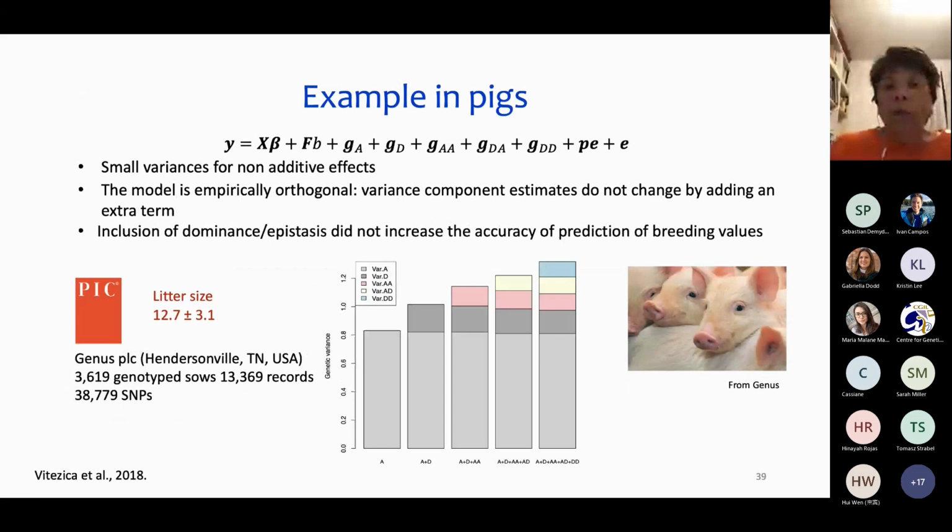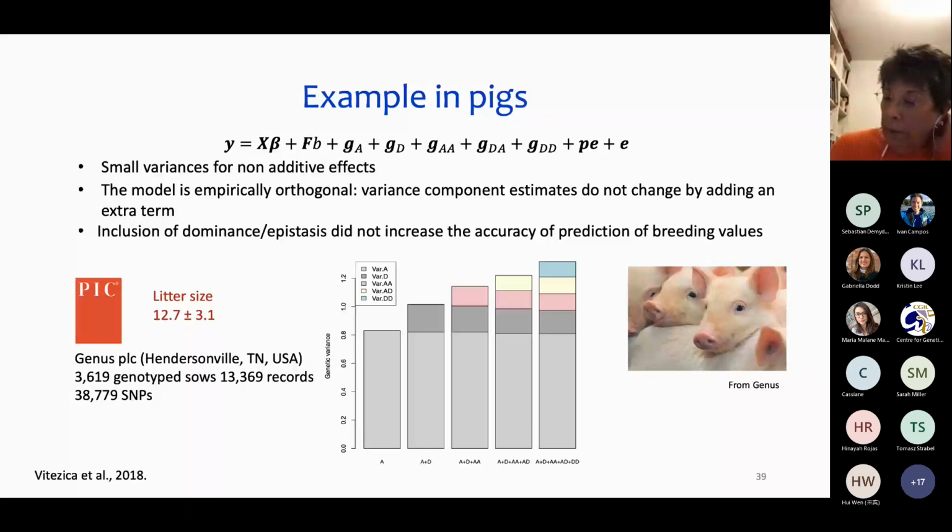Here you have an example with pigs, where the data are from PIC. The trait is litter size. We have 4,000 genotyped sows with 14,000 records, and after quality control more or less 40,000 SNPs.